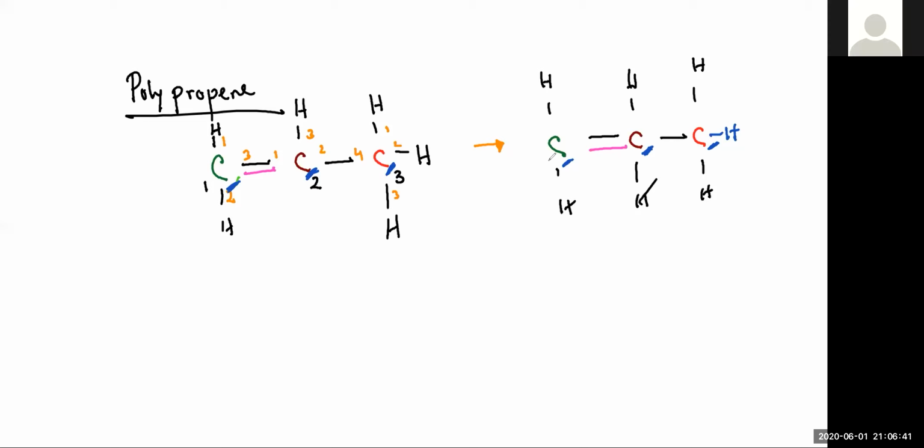So what happens is we have to redraw this structure. How? We basically have to draw it like carbon with a carbon bonded like this.